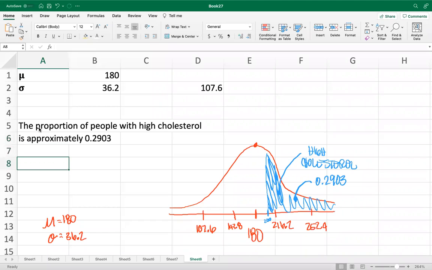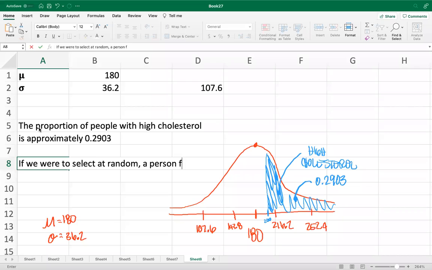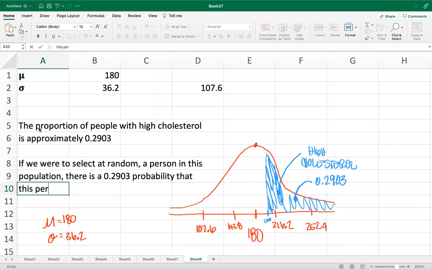And if we were to select at random a person in this population, there is a 0.2903 probability that this person has high cholesterol.